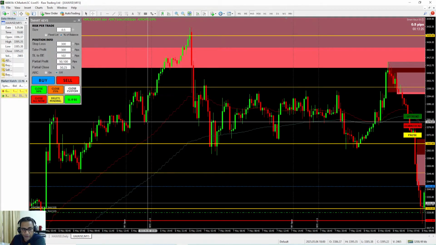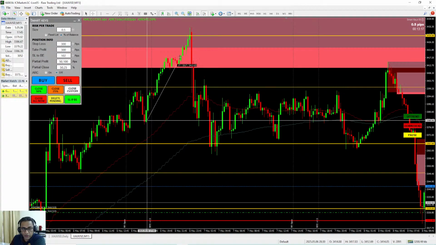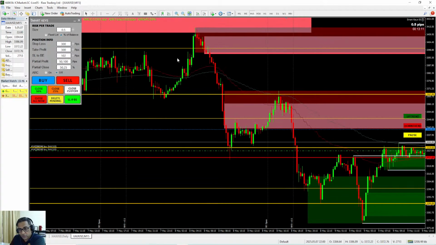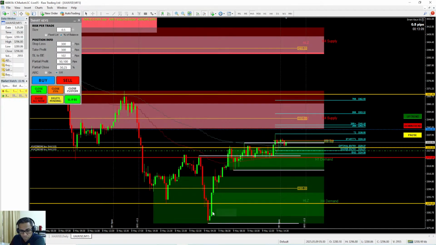We've not been having these clean moves up in the first 2 hours, within the first hour and a half. They come in later on. Look at that big move down, that's the Asian session move. Again, look at this Asian session move up. Huge move.